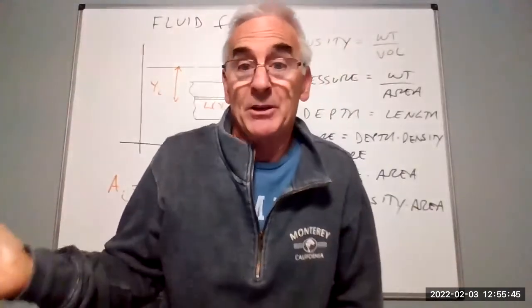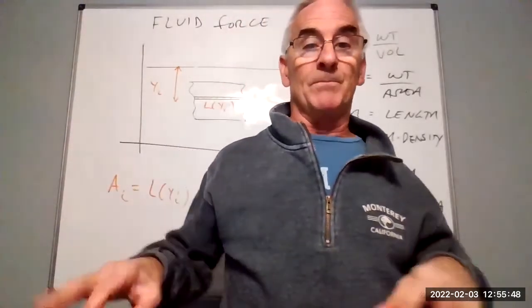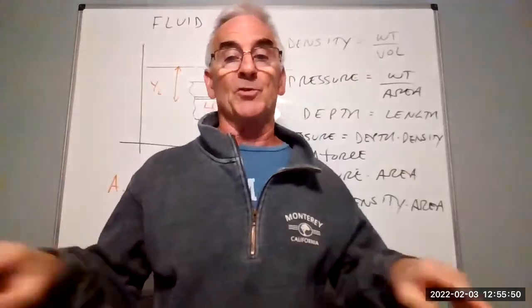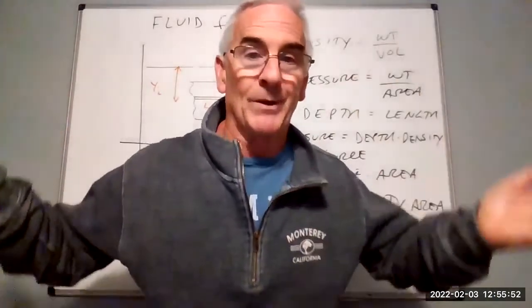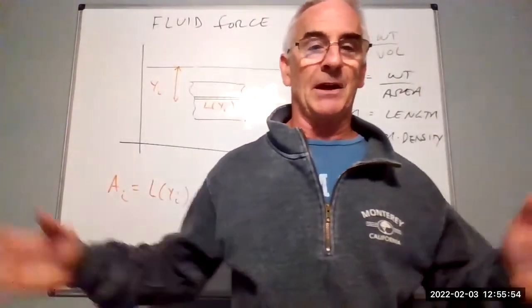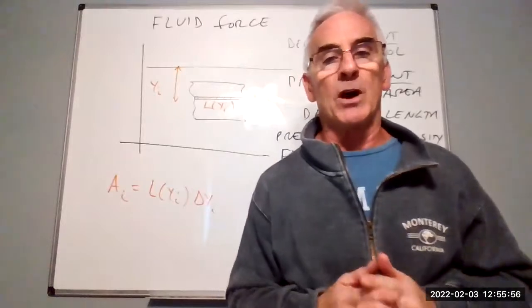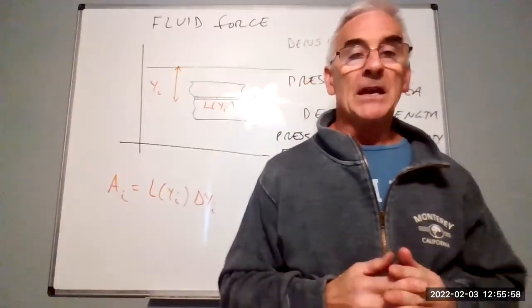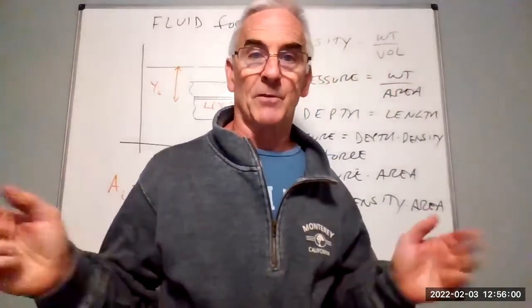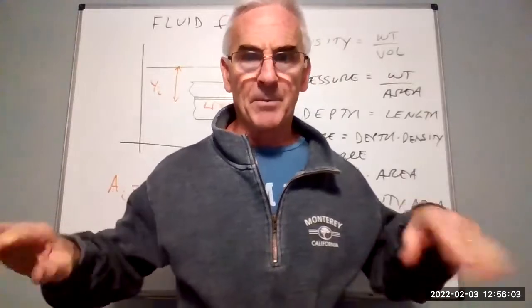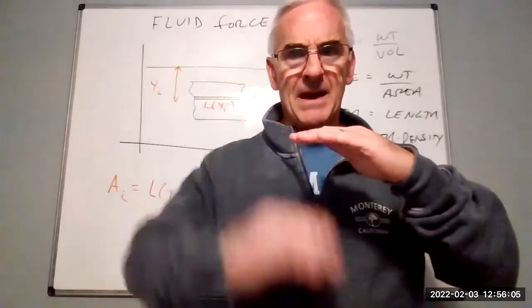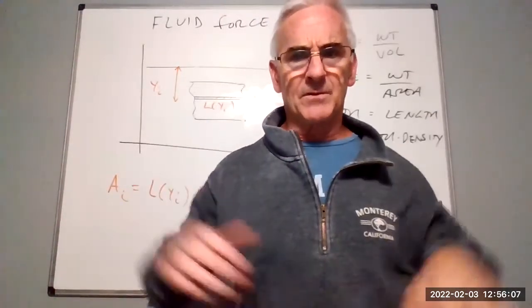Maybe you're diving. Maybe you just want to swim. You're a good swimmer, and the water is deeper than 6 feet deep. If I said the water was 10 feet deep, you go, okay. If I said the water was 1,000 feet deep, would you start freaking out? You're at the top of the water. Does it matter how deep the water is if you're at the top of the water?